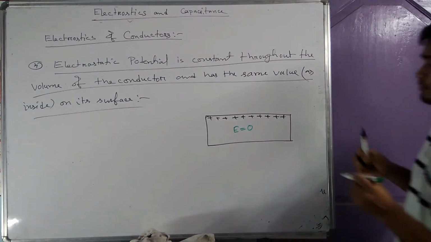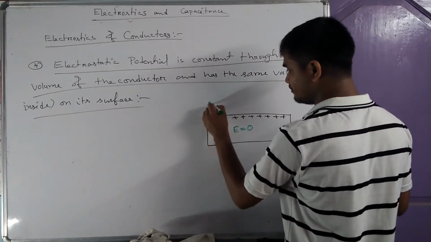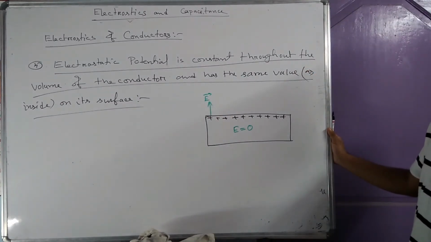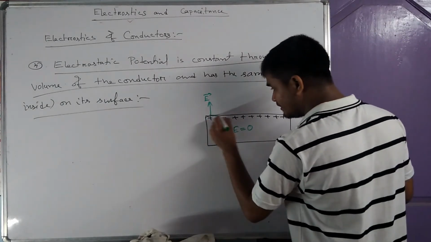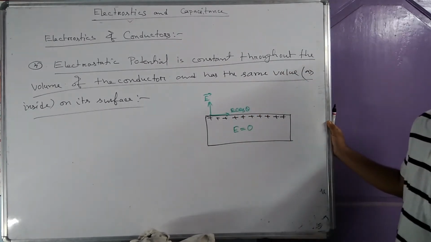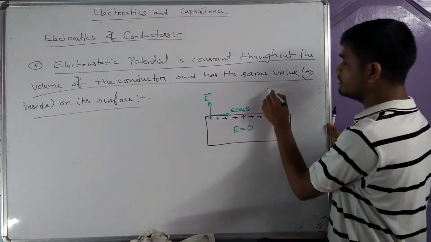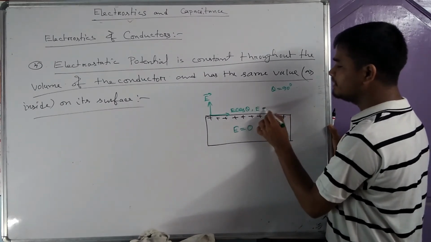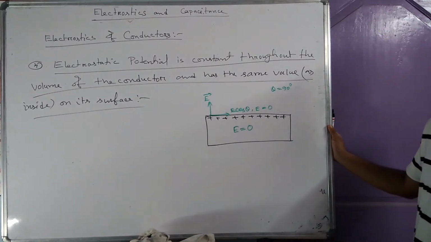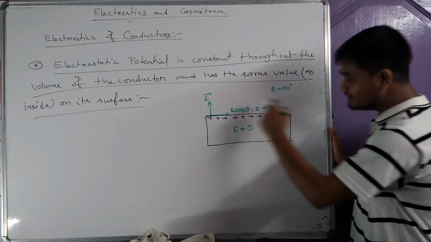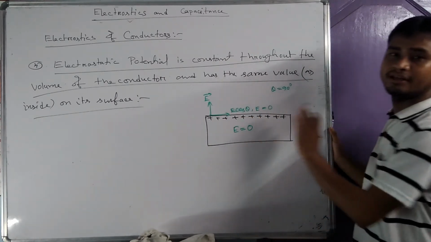If electric field is 0, then on the surface it is perpendicular to the surface, and there is a component E cos theta. Theta is 90 degrees. If theta is 90 degrees, then E is equal to 0. We found that on the surface, electric field is 0, and inside the conductor electric field is also 0.